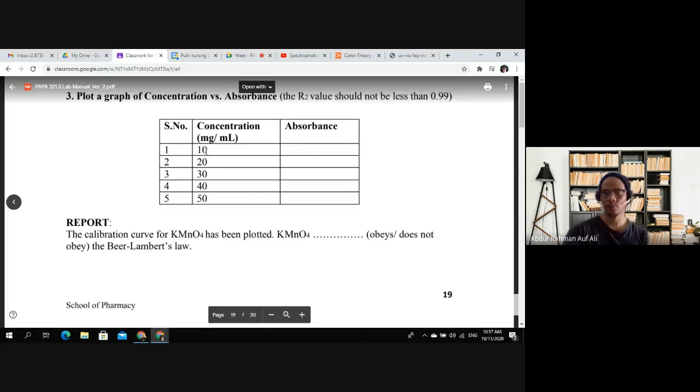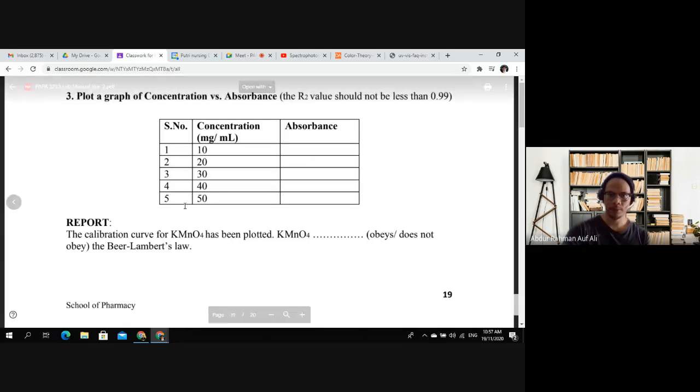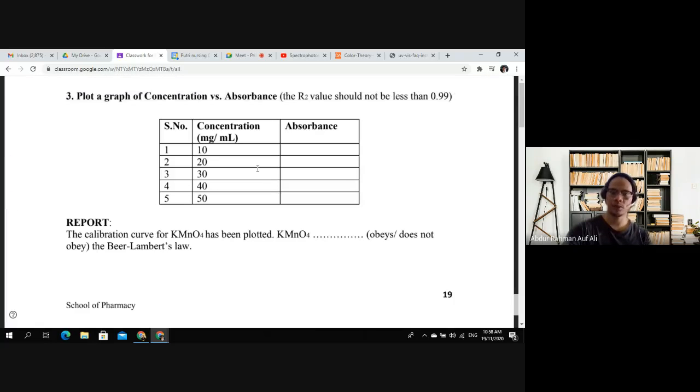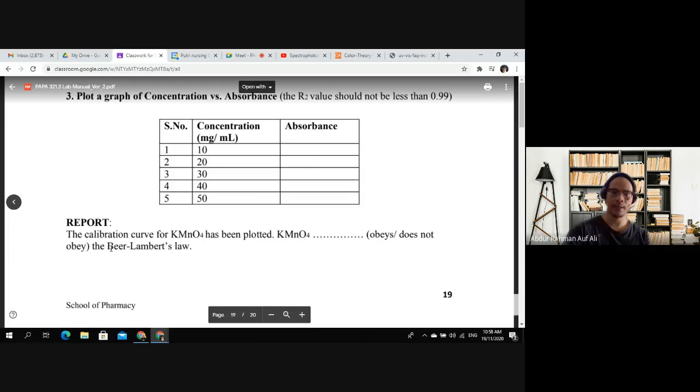So at concentration 10, what is the absorbance? At concentration 20, what is the absorbance? At 30, what is the absorbance? Then you draw a line. If you get a linear, straight line like in the video, that means your solution and your instrument obey Beer-Lambert's law.